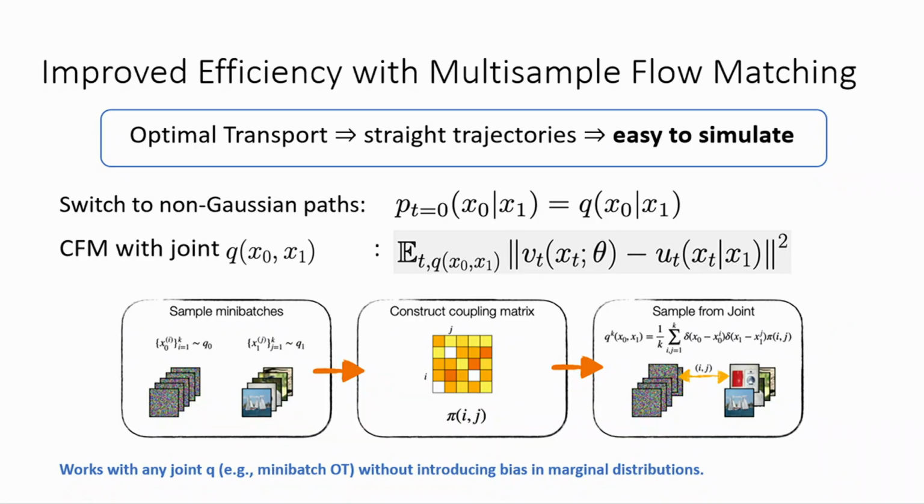This is basically solving a small optimal transport problem within that mini batch, such that only points that are close are paired. If you have two points here and two points here, it's not ideal if the two vector fields cross over, because then if you marginalize, you have something in the middle that ends up pointing at nowhere.